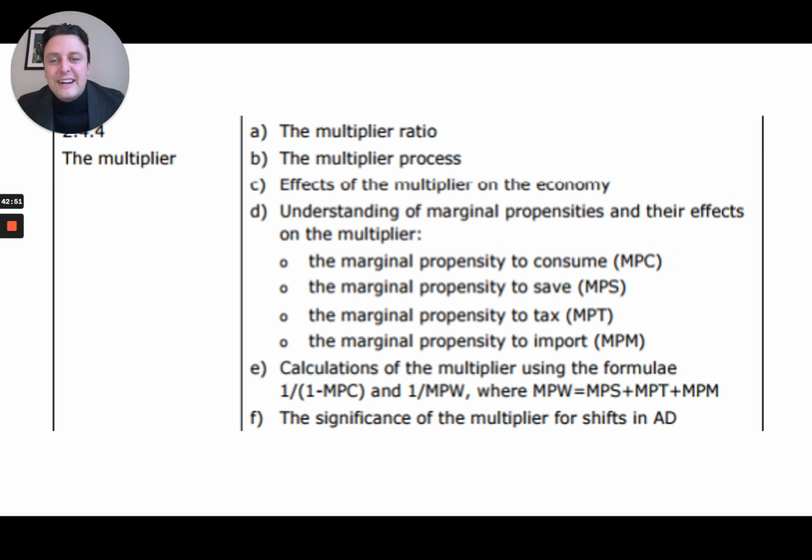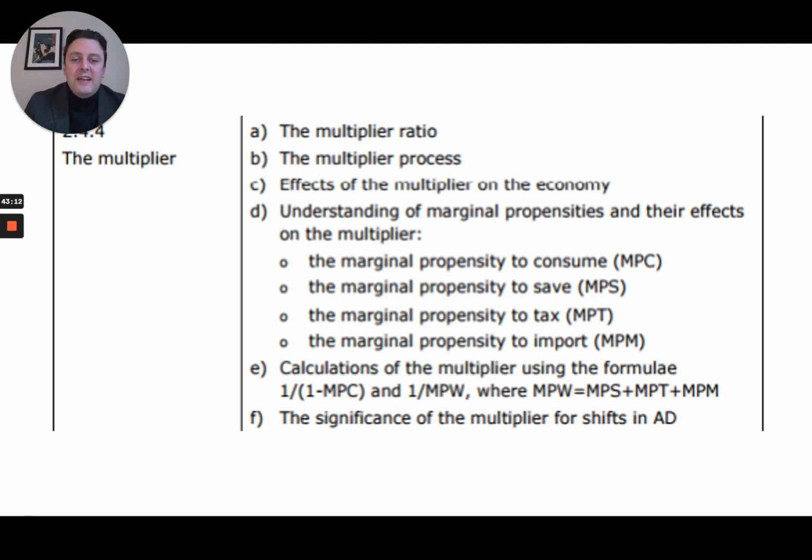So the multiplier, here's what we talked about today: the multiplier ratio, the multiplier process, the effects of the multiplier in the economy, and understanding the marginal propensities and their effects on the multiplier. So we've talked about the marginal propensity to consume, the marginal propensity to save, the marginal propensity to tax, and the marginal propensity to import.